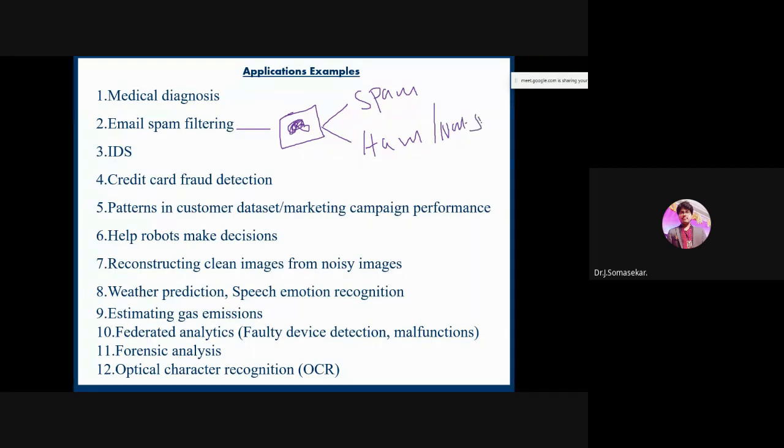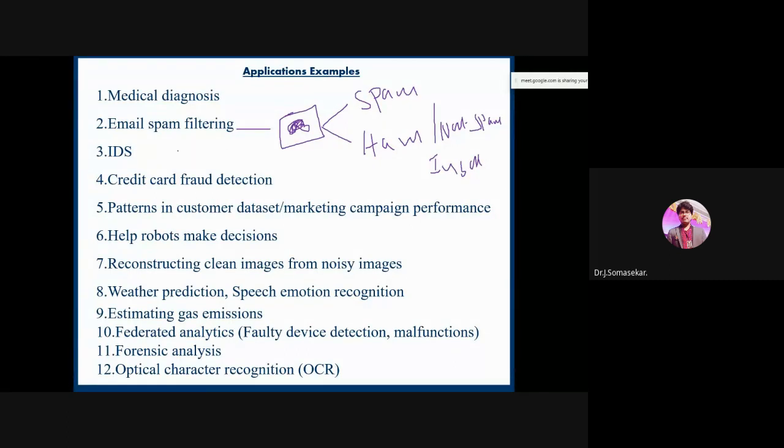So ham means non-spam, or simply inbox. How will the Bayesian classifier help to classify whether the given mail is spam or not spam? I will show an example of that also.